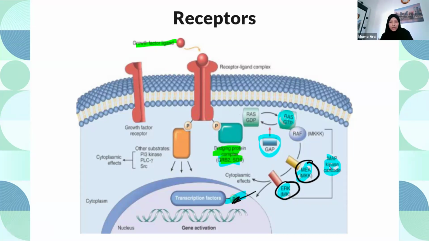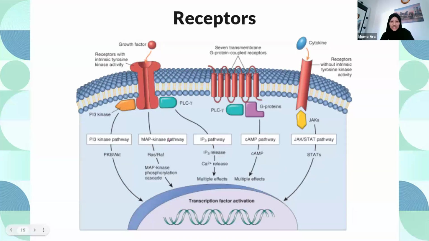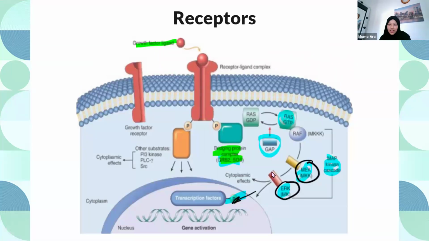Remember, we said if you remember the word kinase, that's with the tyrosine kinase. So see here, MAP kinase, and you see the same thing, RAS and RAF. Basically, these are intracellular signals for the MAP kinase pathway. As long as you can remember that, that's enough.